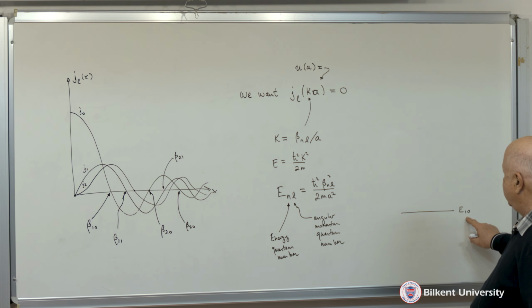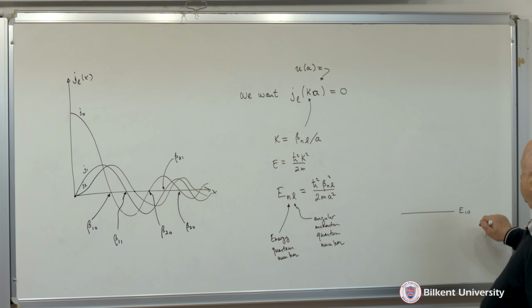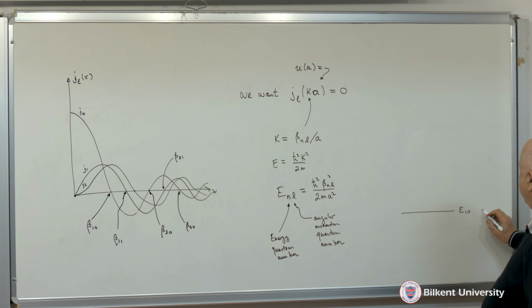Since L is equal to 0, this corresponds to an energy level with n equal to 1, L equal to 0, and m has to be 0. There's also another index m which doesn't go into the energy equation, but it's there because I have an angular momentum eigenfunction. So it's n equal to 1, L equal to 0, m equal to 0. Then I have other stuff.